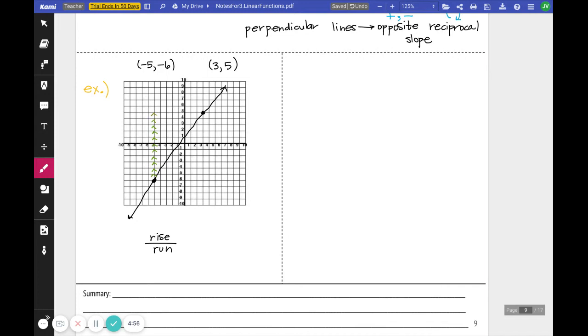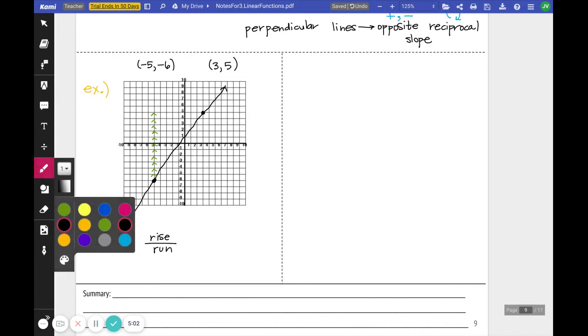I know to stop because now I am on the level that my second ordered pair is on. So in my numerator, I'm going to put an 11. To do my run, I always am going to run to the right. And I have run 8 points. So my slope is 11 over 8.